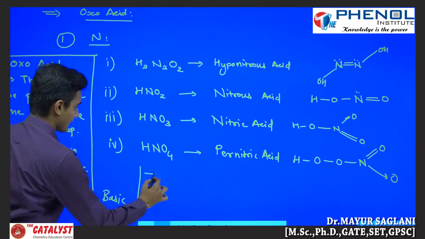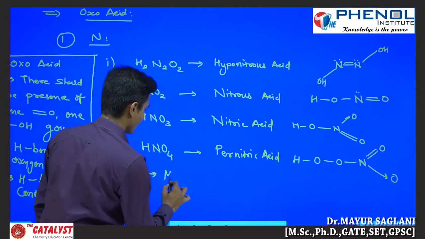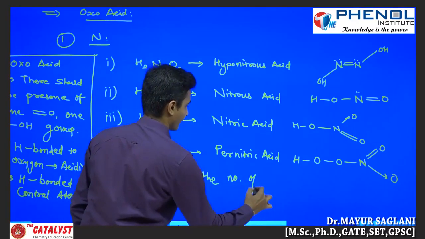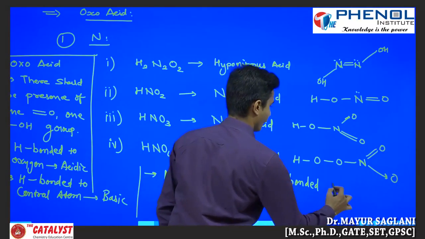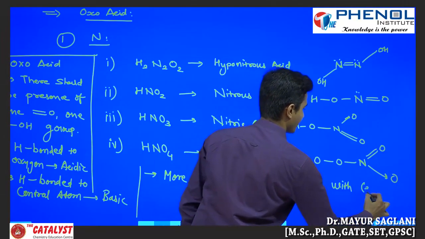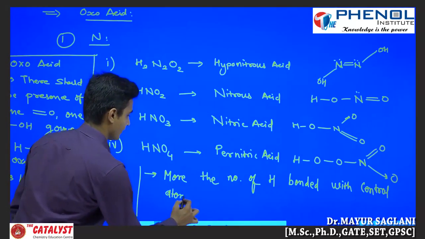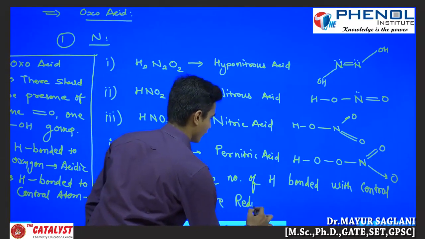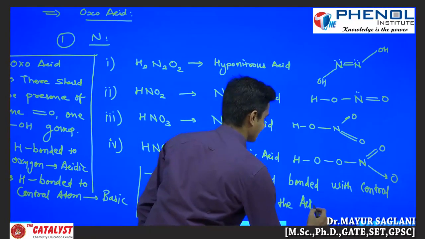Third thing you can write: the more the number of hydrogens bonded with the central atom, the more reducing the acid is.